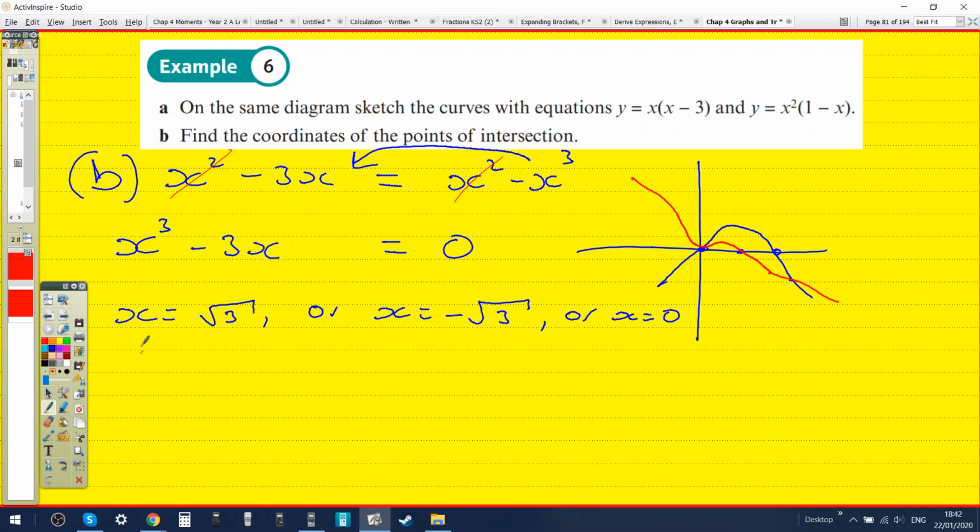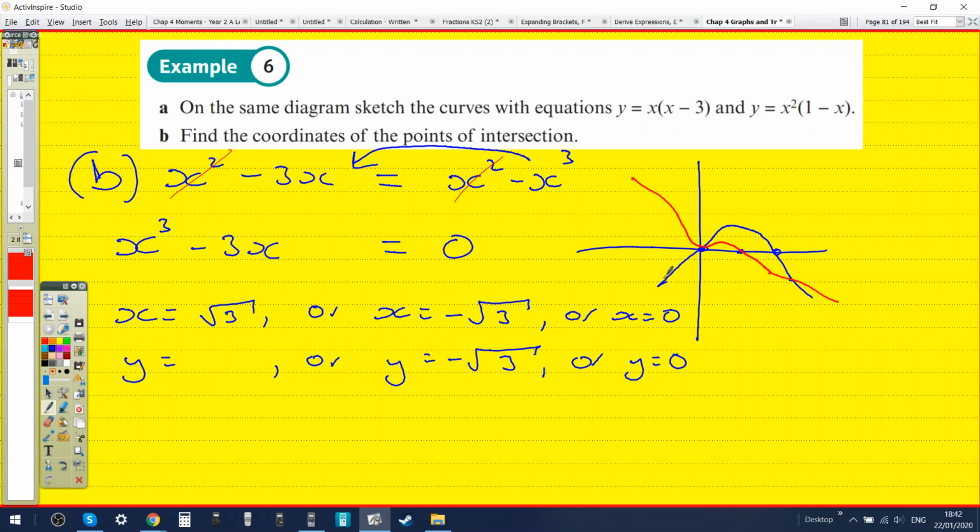We want the coordinates. How do we get the y coordinates? Sub it back in. And so when you sub in x is 0, what do you get? 0. Yep. And that's that one there. 0, 0.